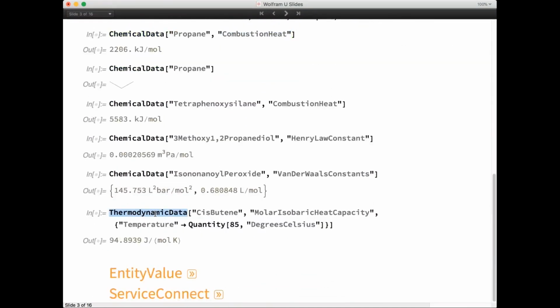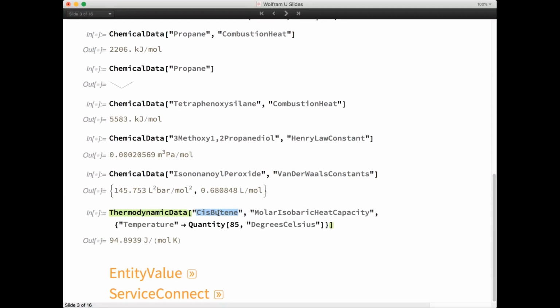But also very important here is ThermodynamicData, where we have access to various types of thermodynamic properties for a subset of chemical entities.